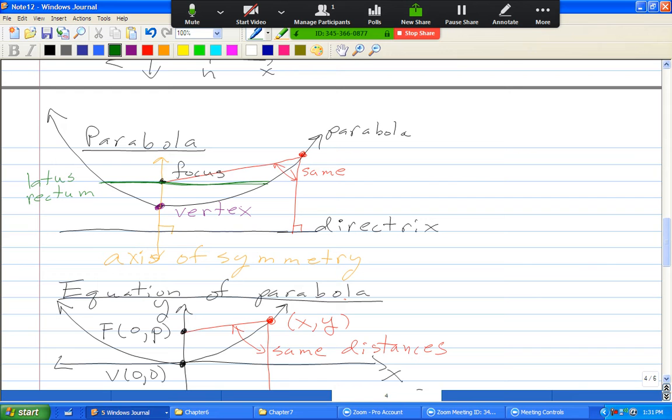Okay, and of course half of it is called the semi-latus rectum.